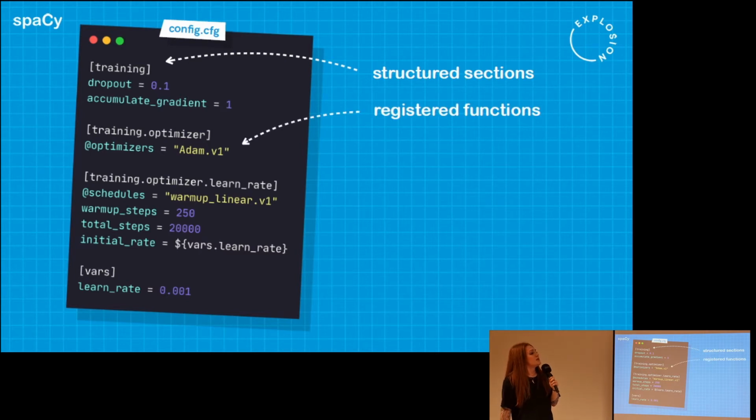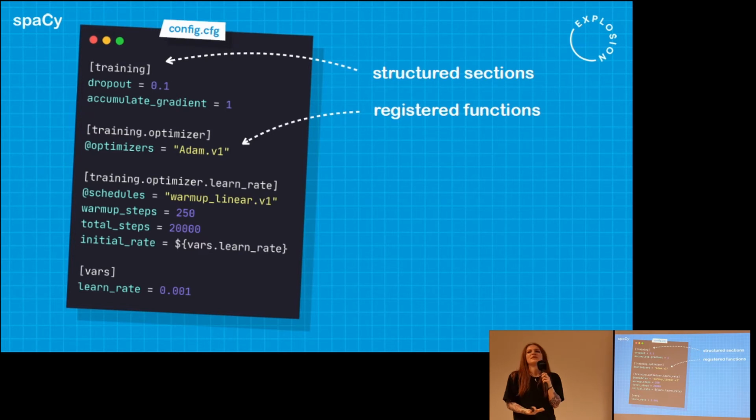And what really sets the config system apart from other config languages, in our opinion, is that you can actually use it to refer to registered functions. So in this case, we refer to a named function in the optimizer's registry, and it will create this function for us. So we're not limited by just what we can express in this simple JSON-serializable config syntax.